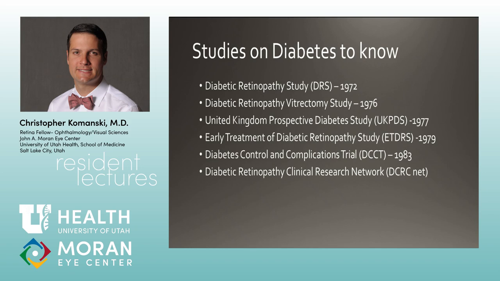Then you have the Diabetic Retinopathy Vitrectomy Study in 1976, the UKPDS in 1977, ETDRS in 1979, the DCCT in 1983, and then many, many trials from the DRCR Net, from a while ago to even going on right now.